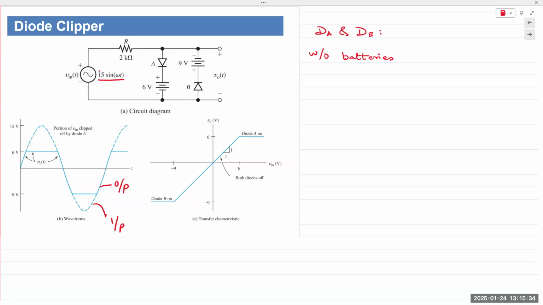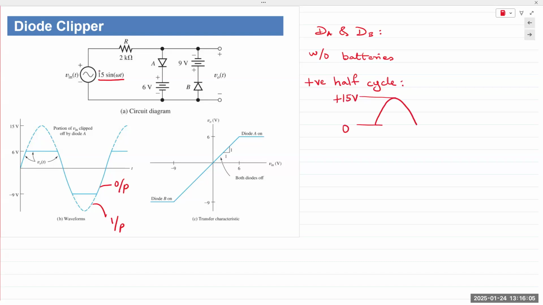So if it's without batteries, let's see what happens in the positive half cycle. In the positive half cycle, you're applying a voltage, and this would be plus 15 volts, right? 15 sine omega t.